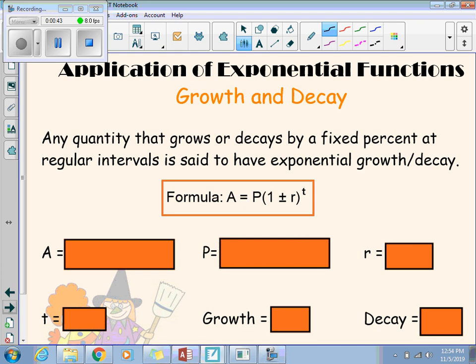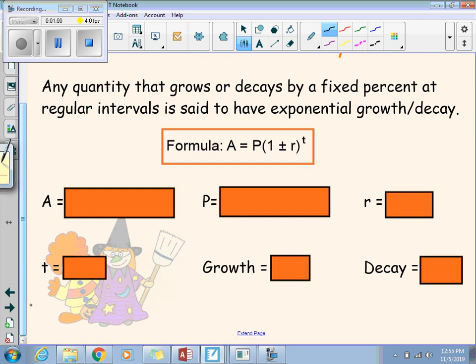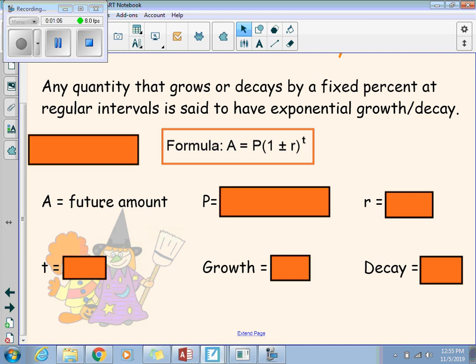So any quantity that grows or decays by a fixed percent or regular intervals is said to have an exponential growth or decay. The formula is there, A equals P times 1 plus or minus r, to the t, where A is going to stand for your future amount that you're trying to get to.